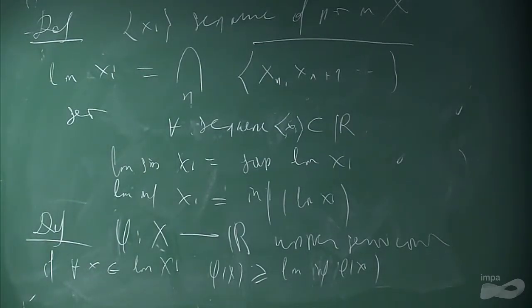Okay, so now I would give you an example. This is the basic example which you should consider. Example of an upper semi-continuous function. It's called the Riemann function, or raindrop. Raindrop is because, okay, you listen to rain.